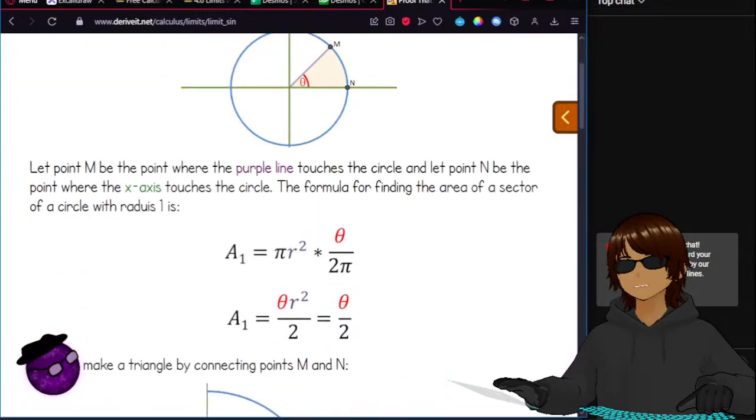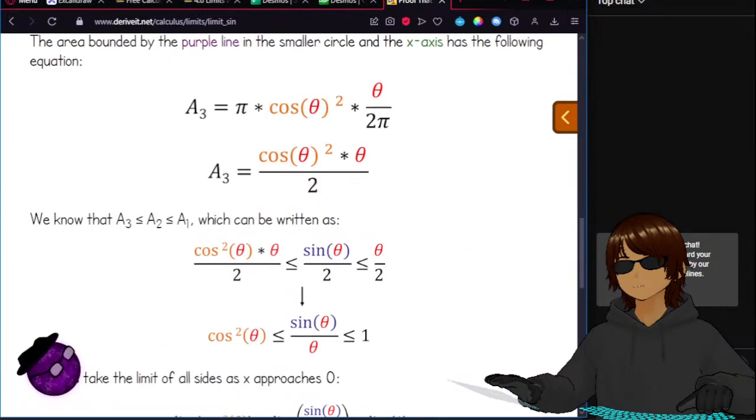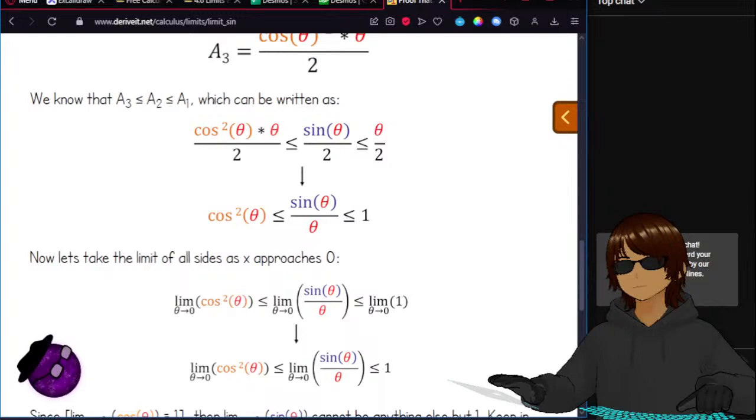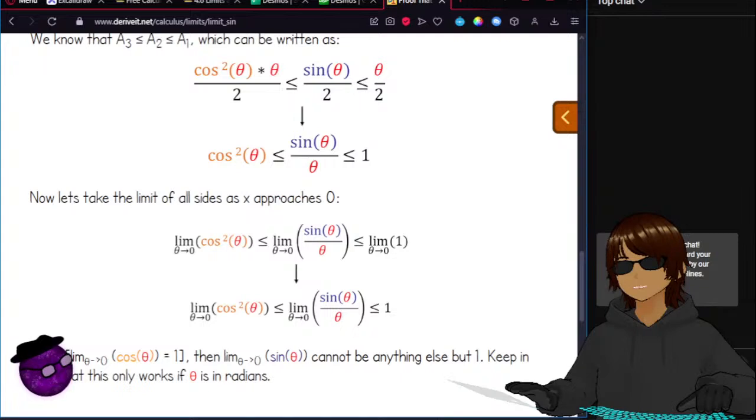Removing 2 and dividing by theta, and this limit as cos squared theta approaches 0 is 1.